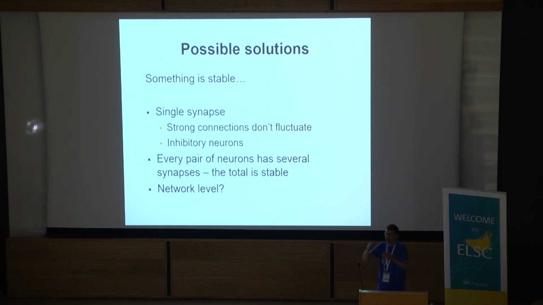So it's possible that these fluctuations average out when you consider a single connection between neurons. It's also possible that while the individual synapses or even the individual connections fluctuate, something at the network level is stable.